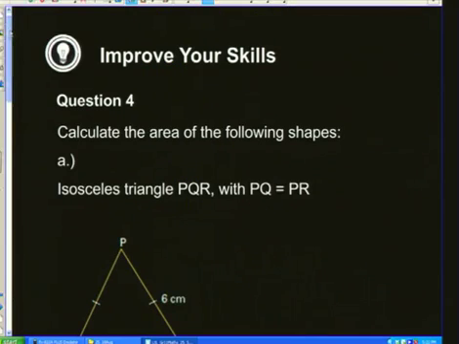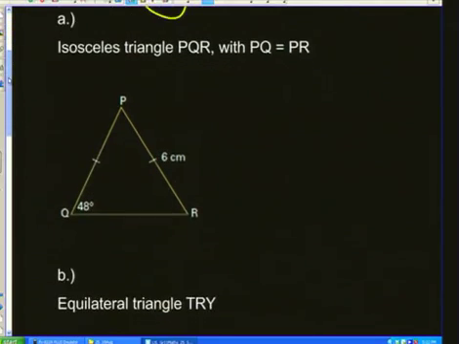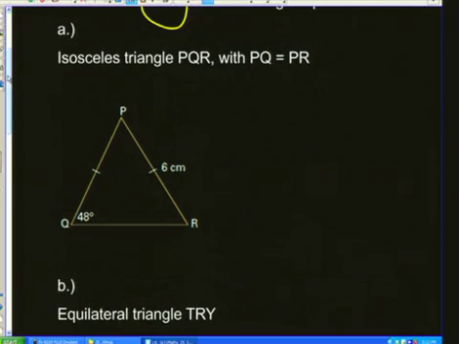Okay, now we would like to find some areas. How to use the area rule. We would like to find the area of this triangle. It's isosceles. And yes, we are able to find this in a number of ways, but we'd like to use the area rule just to help us out here. This triangle PQR is isosceles, so we know that this length is 6.